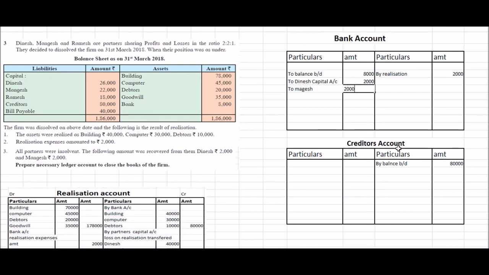So this is the bank balance, so enter all the entries.